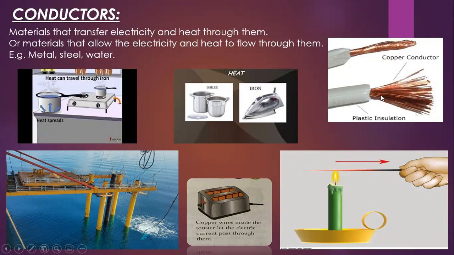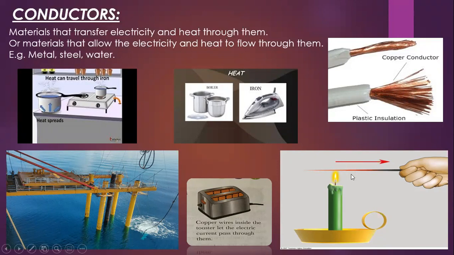You can say from the buttons of a light to the lights, tube lights, or maybe a bulb. These wires are used inside the walls of the houses, but they are covered with plastic. So these copper wires pass the electricity through.